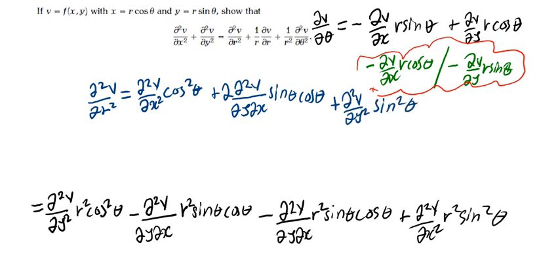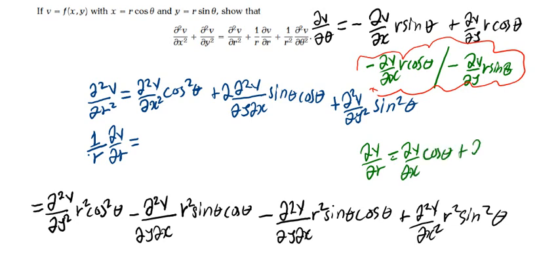That's what we had. Then for this one here, it's also pretty simple. 1 over r multiplied by partial of v with respect to r is going to be equal to, so you know what your partial of v with respect to r is, I believe. Partial of v with respect to r is just equal to partial of v with respect to x times cos theta, plus partial of v with respect to y times sine theta.